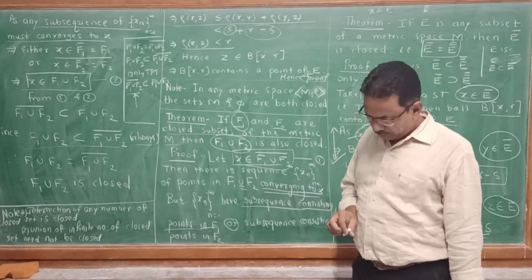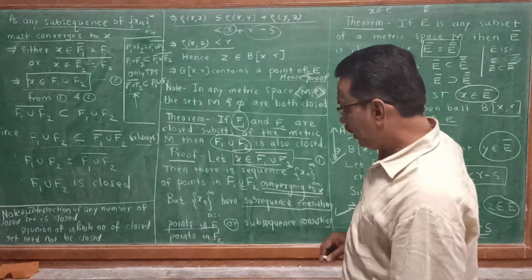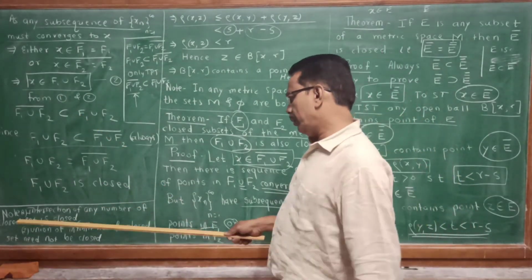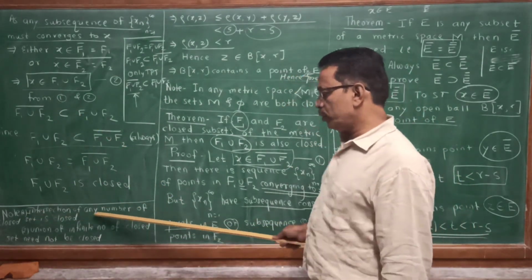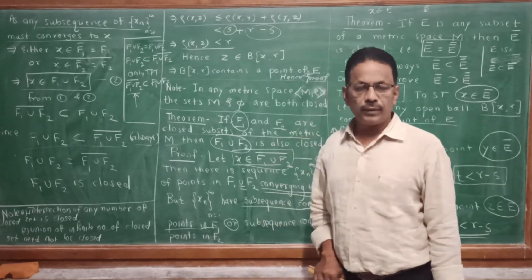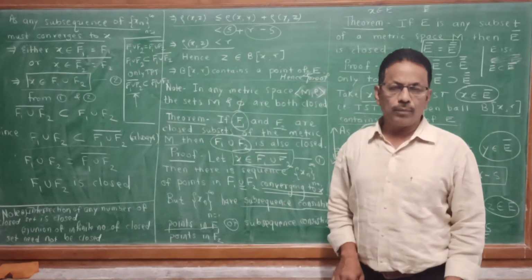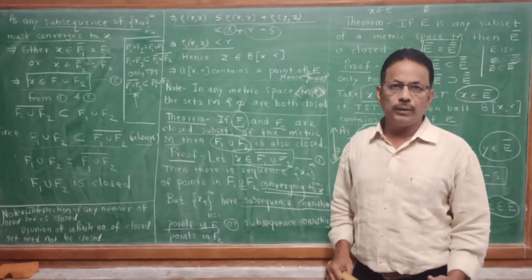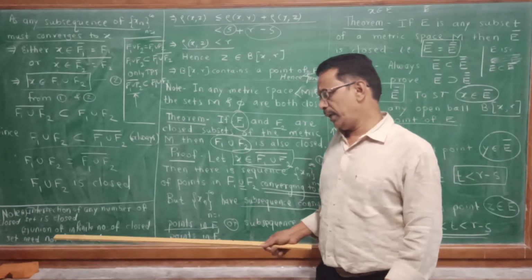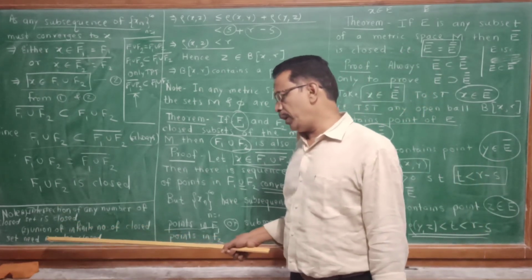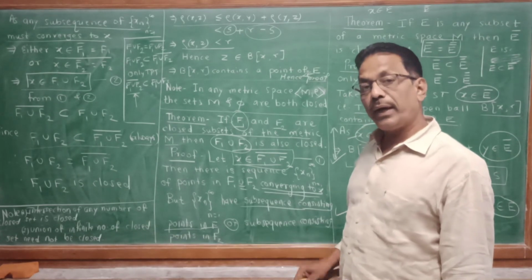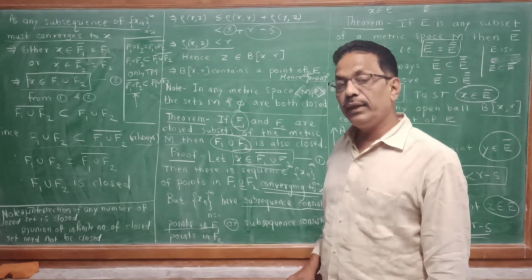Two notes are there. What are the notes? Intersection of any number of closed sets is closed, because an intersection is common, therefore any number of closed sets gives a closed set. And the union of an infinite number of closed sets need not be closed.